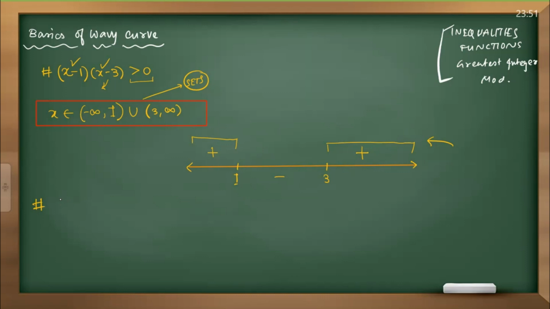The question is (2x + 1)(4x) is greater than or equal to 0. How can I do that?